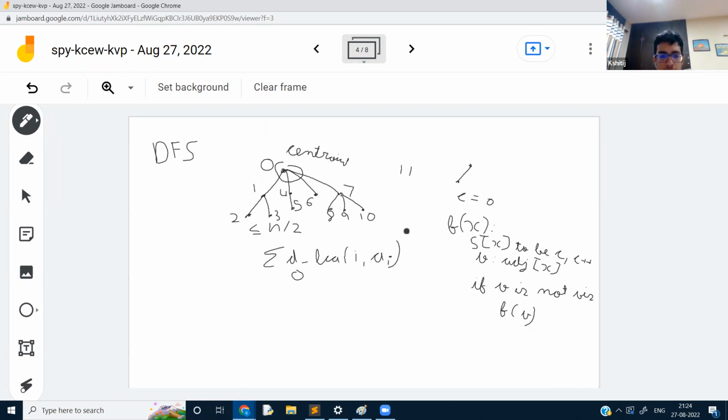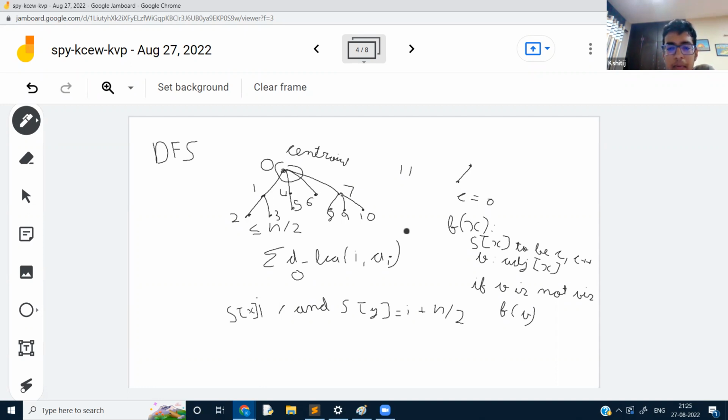And now if we notice that the node with start time I and the node with start time I plus n by 2, if we consider these two nodes, you will notice that they are never in the same hanging subtree.